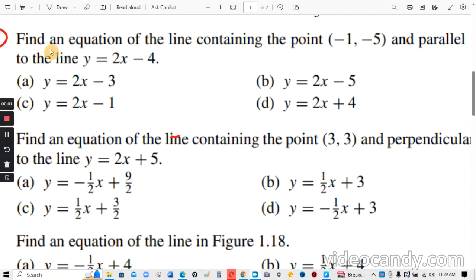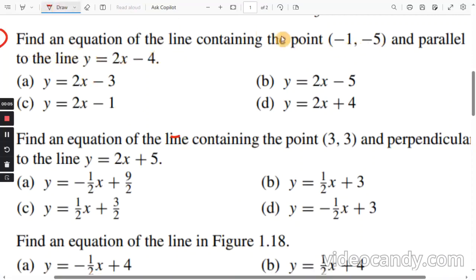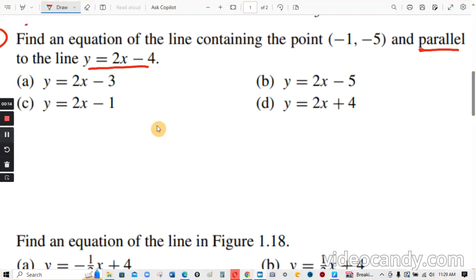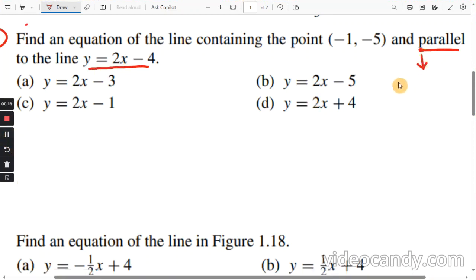Number 5, find an equation of the line containing the point (-1, -5) and parallel to y equals 2x minus 4. So you want to remember about parallel lines: they have the same slope.